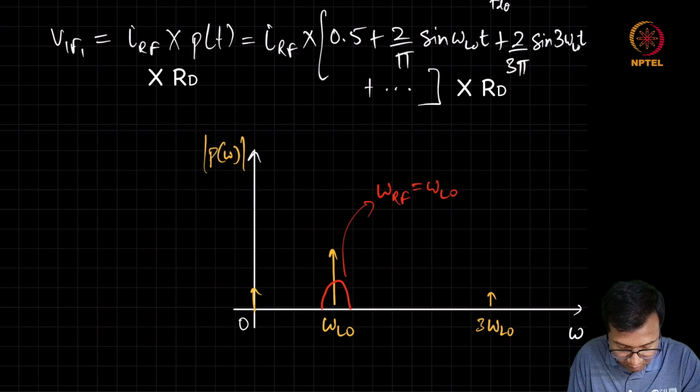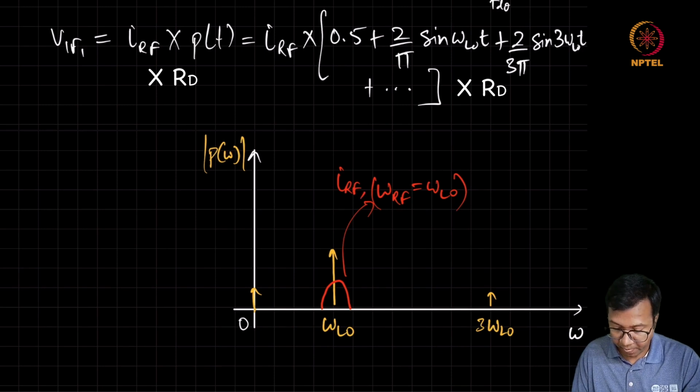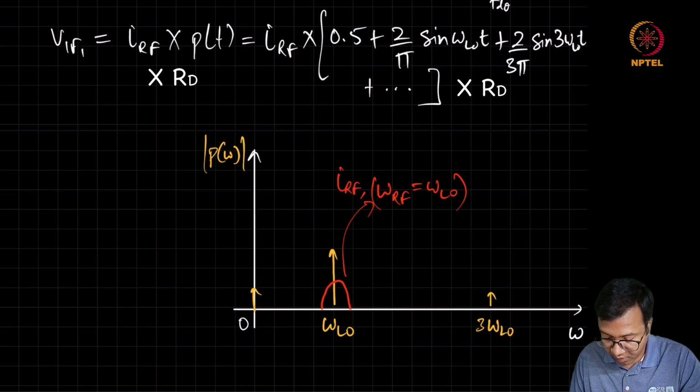So this is your IRF. Now, when this product happens in the time domain, it is going to result in convolution in the frequency domain.